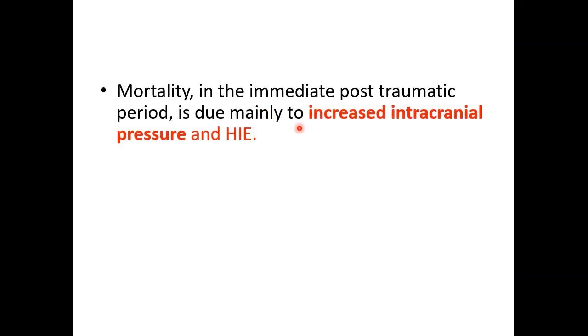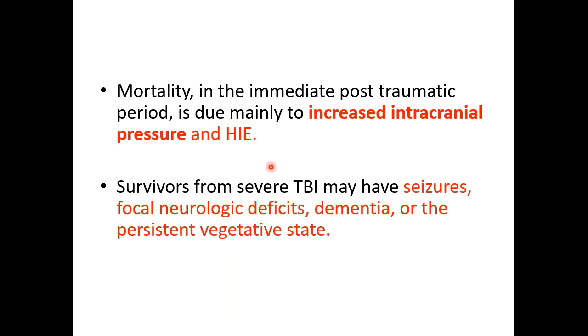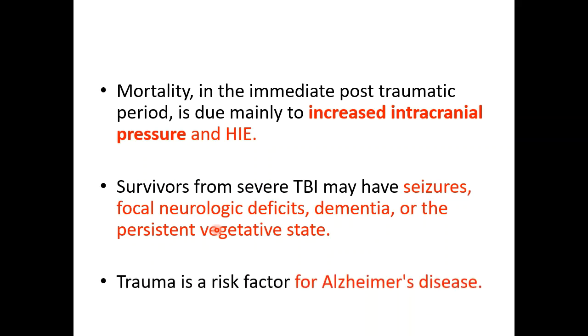So, the mortality in the immediate post-traumatic period is mainly due to the rise in the intracranial pressure and hypoxic ischemic encephalopathy. Survivors of severe traumatic brain injury usually develop seizures, focal neurological deficits, dementia, or even a persistent vegetative state. Trauma must also be noted as a significant risk factor for Alzheimer's disease.